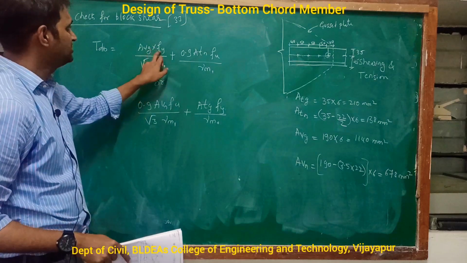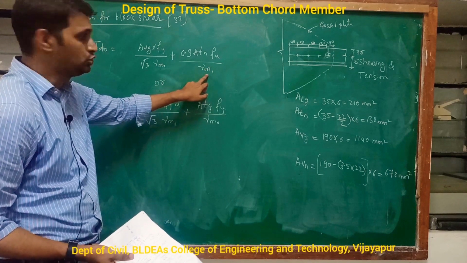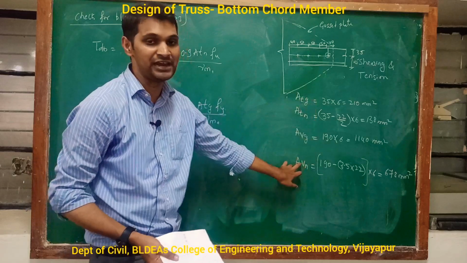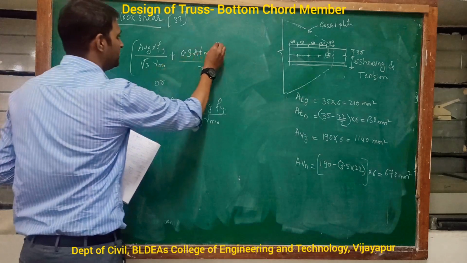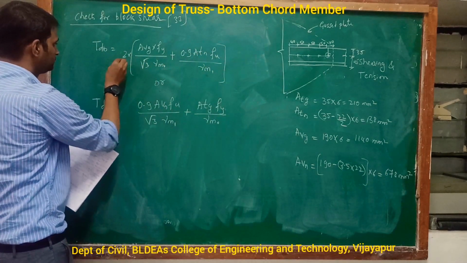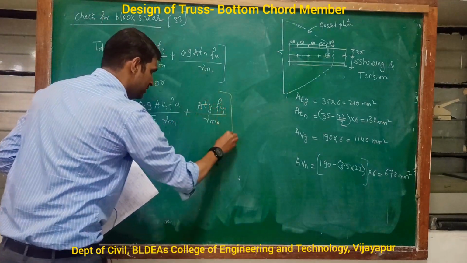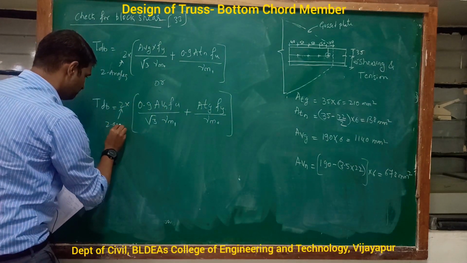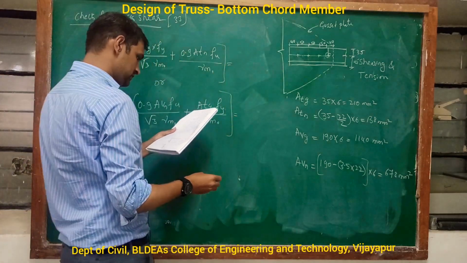So your Fy is 250 and Fu is 410, gamma m naught is 1.1 and gamma m1 is 1.25, and AVG, AVN, ATG and ATN are as calculated here. You have to substitute and get these values. And one more important thing, this is the formula for single angle, so this entire equation has to be multiplied by 2 for 2 angles, and substitute those values to get the block shear strength.